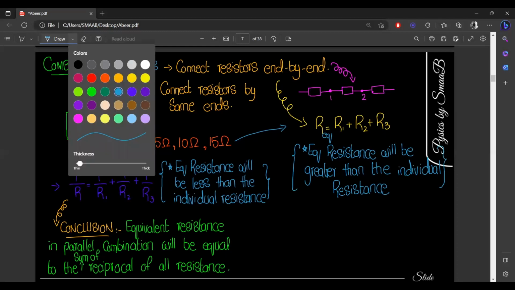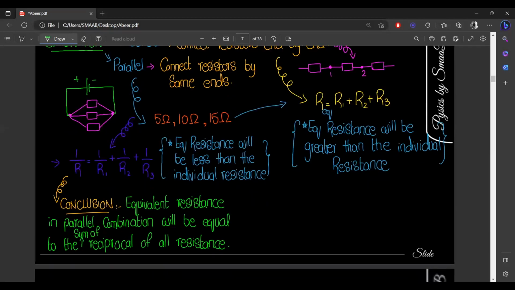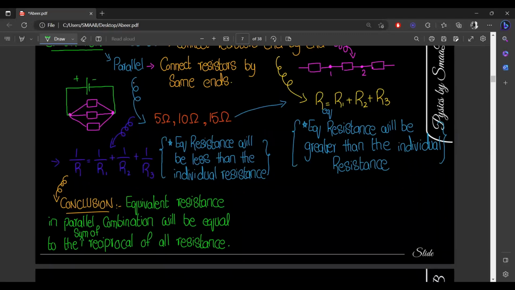And the conclusion will be like this: the equivalent resistance in series combination will be equal to what?